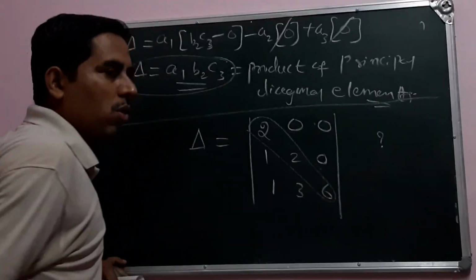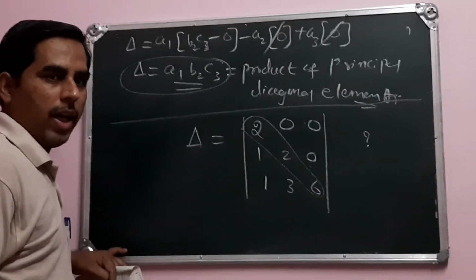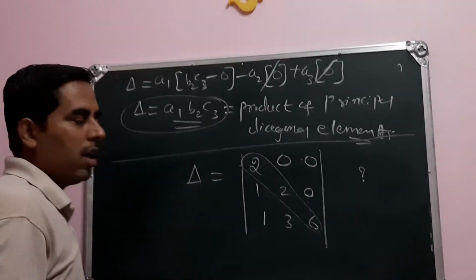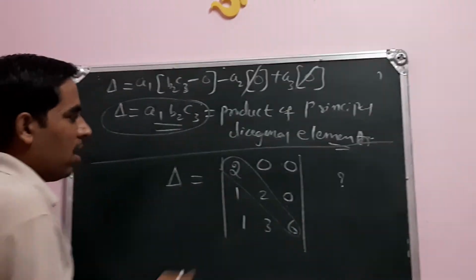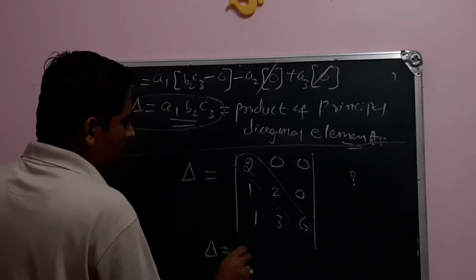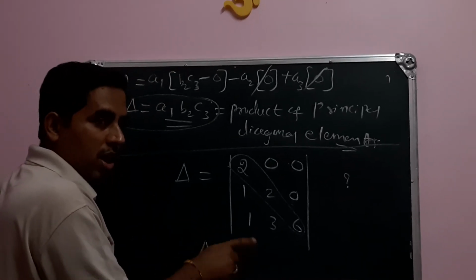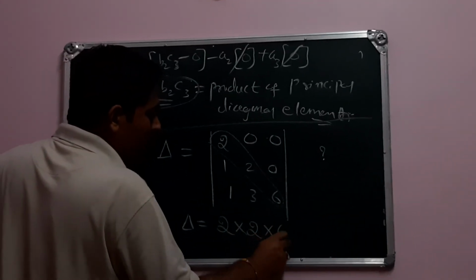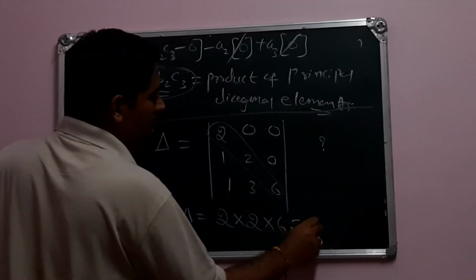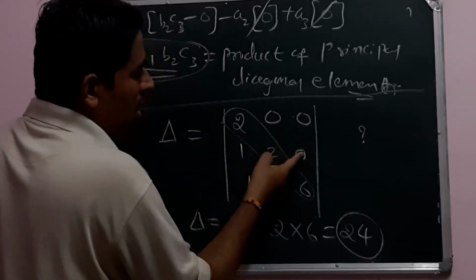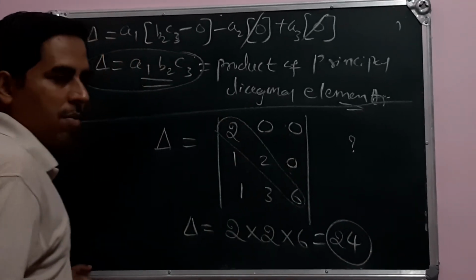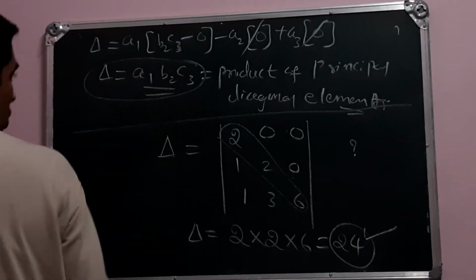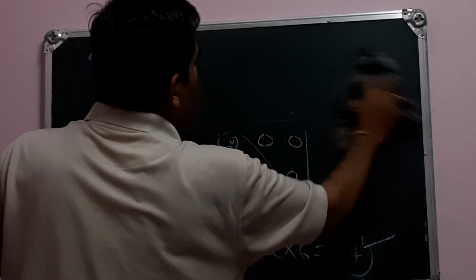Here we need not expand this determinant. According to the seventh property, the value will be equal to the product of the principal diagonal elements, that means 2 into 2 into 6, so the answer is 24, because on one side of the principal diagonal the elements are 0. Let us verify this also if you have some doubt.